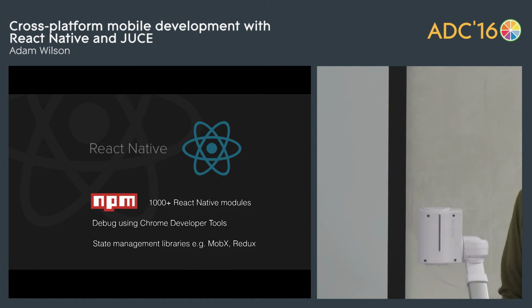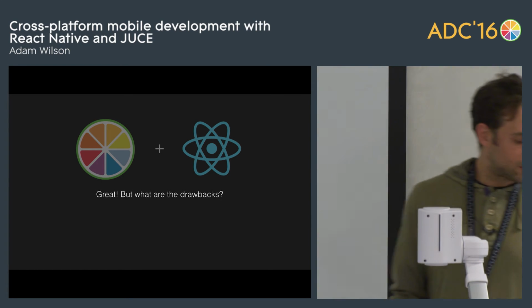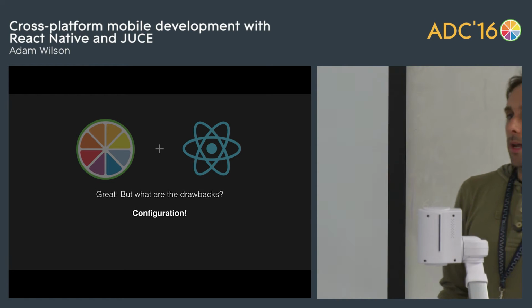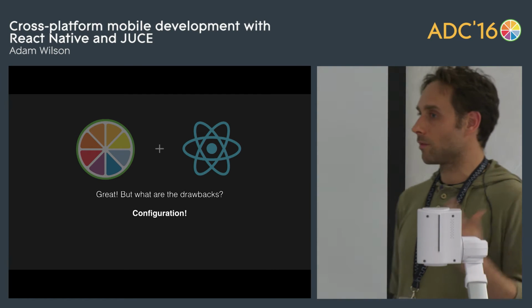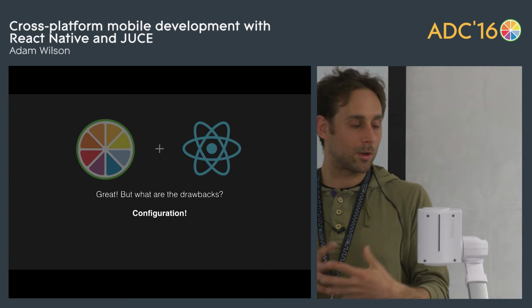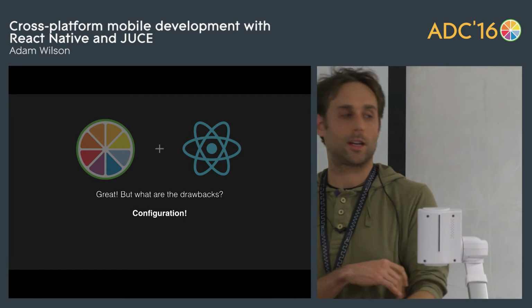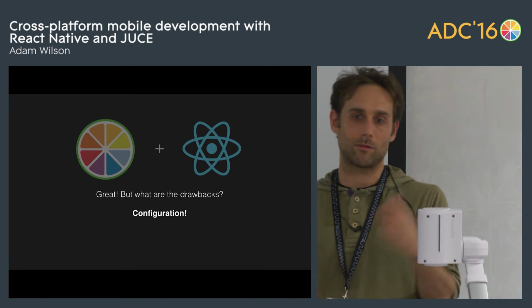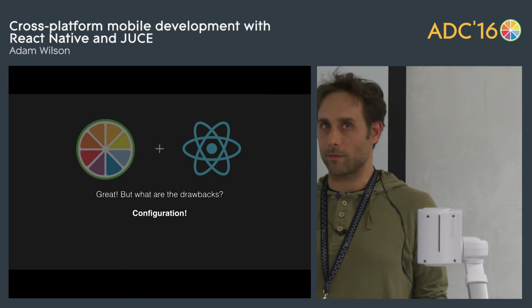So that all sounds good, but there must be some negatives. So from my experience, one of the big pain points for me has been lots of configuration hiccups, and trying to get the two frameworks working together and getting to the point where I can export my project from Producer and then just combine it with React Native has taken months basically.